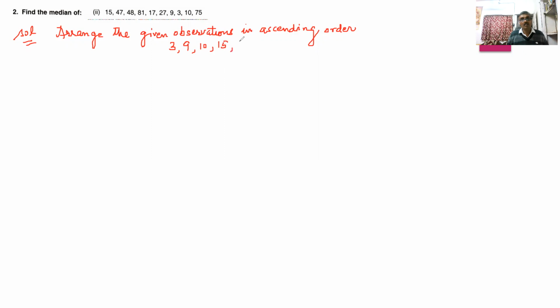After 15, 17. 17 के बाद कौन सा नंबर है जी? See here, 27. 27 के बाद 47. 47 के बाद कौन सा जी? 48. After 48, 75. 75 is this. Okay, then 81. The last there is a 81.